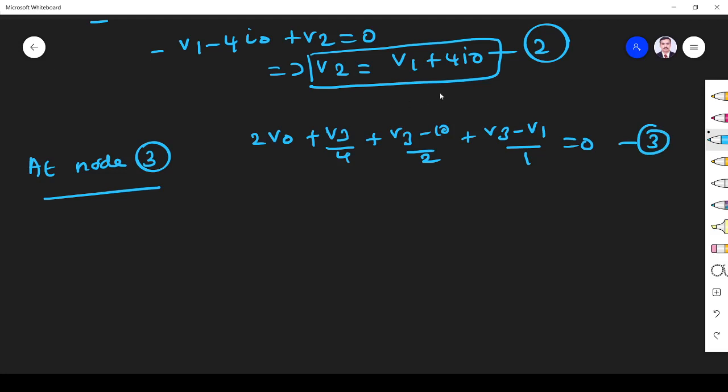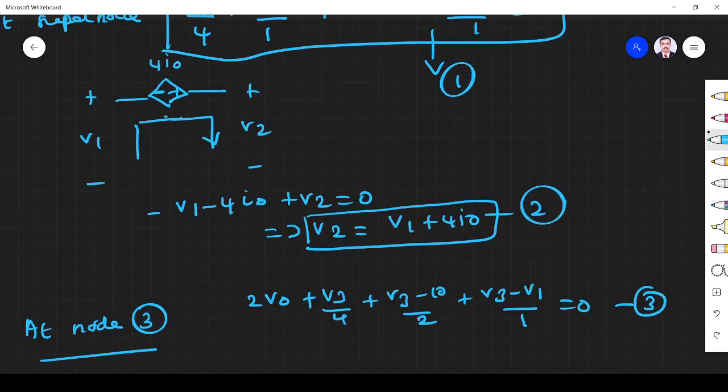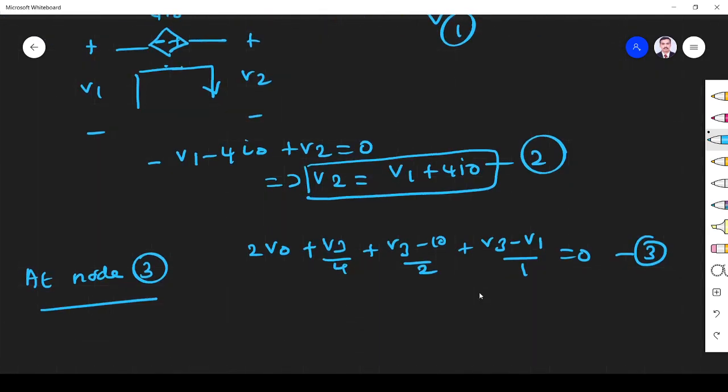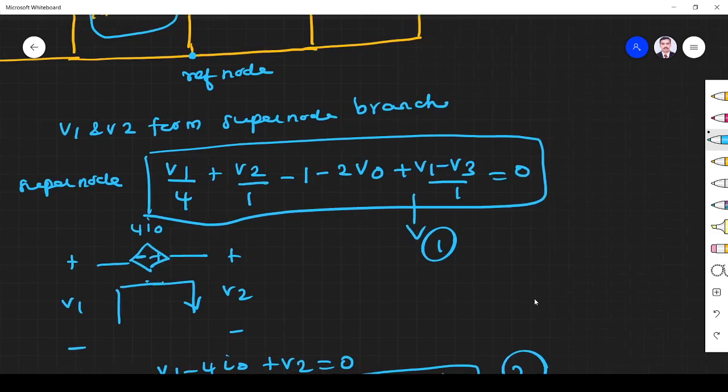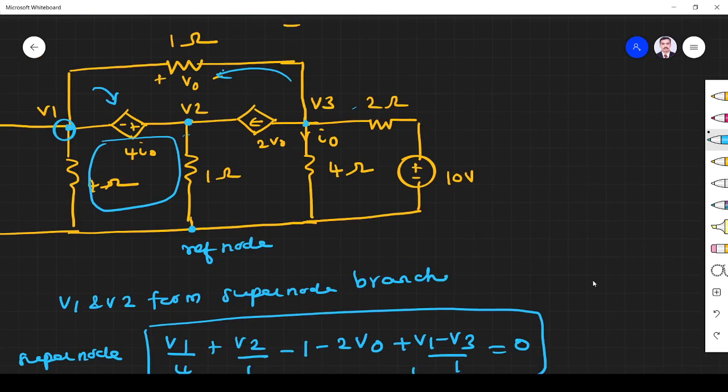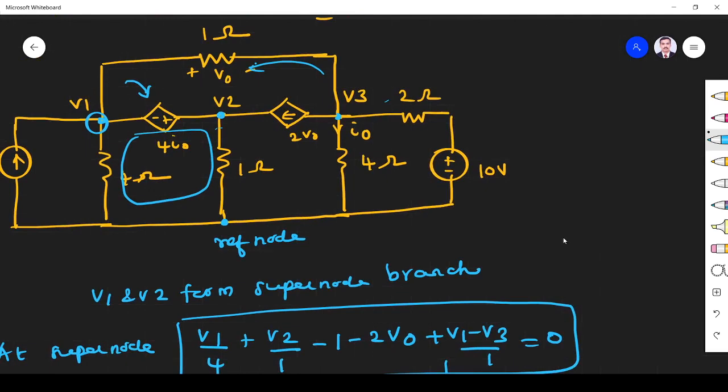So we have V1, V2, V3. How many variables do we have to check? We have V1, V2, V3, V0, I0. So 5 variables, but we have only 3 equations. I need 5 equations to solve a 5-variable problem. So we have to find V0 and I0 because these are dependent sources.